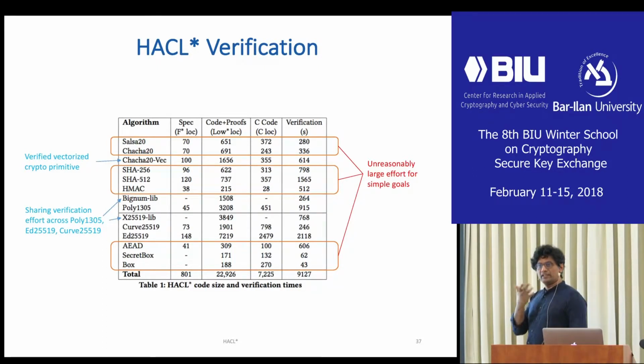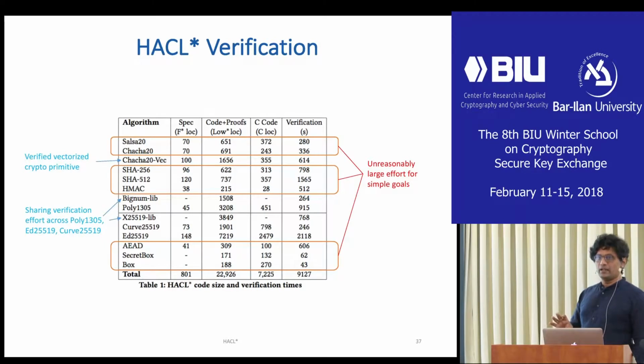We have students who can come and do new proofs and new primitives fairly quickly. So if you have a new crypto construction and you want to build a verified or high assurance implementation of it, I think it is well within reach right now to do it in a tool like F star, but there are other tools like that too. There's one called VST, there's one called Fiat, and so on. If you want, I can tell you about the right tool for whatever primitive you want to implement.